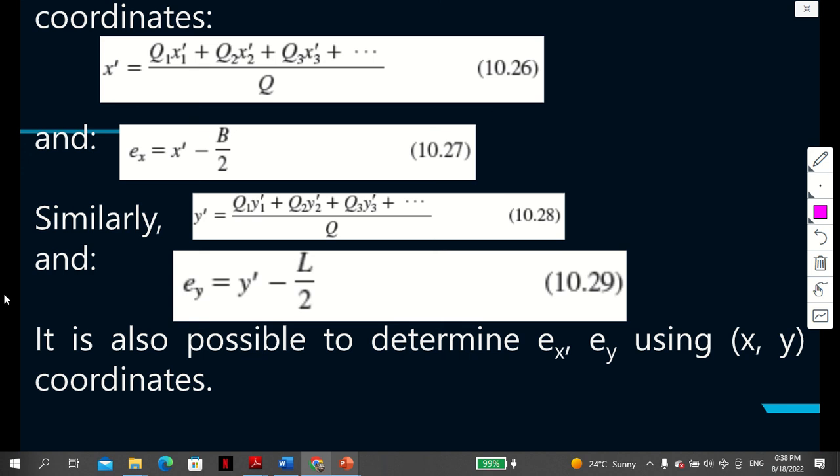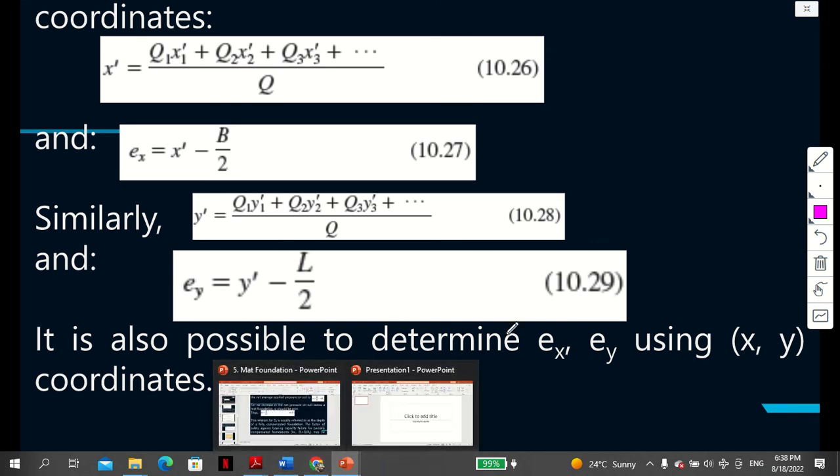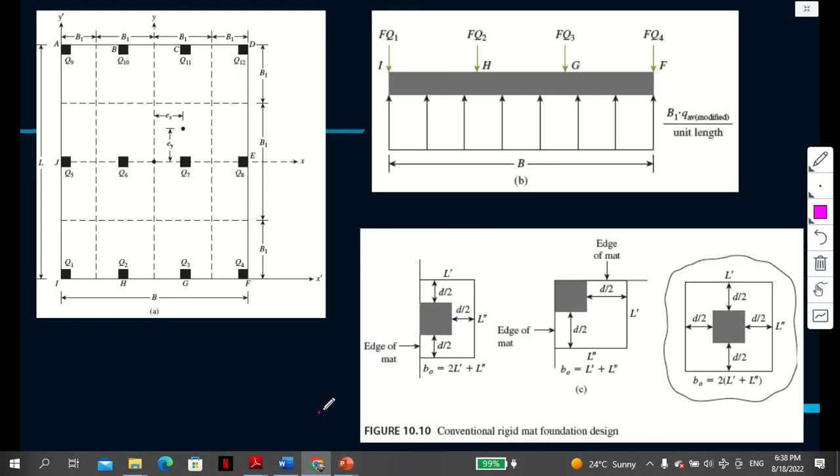And then the eccentricity now, once you find the centroid, would be the x bar that you have found minus the length over 2. That is the eccentricity in the x direction.